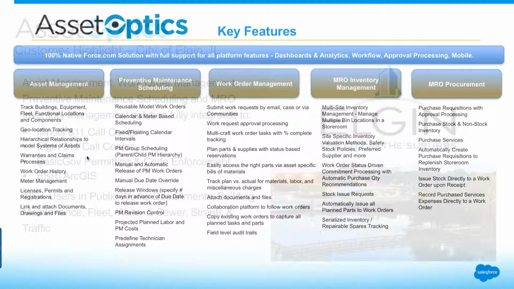It's easy to keep up with who made what particular changes in the application, who changed what data. Moving on from an MRO inventory management perspective, we provide multi-site inventory management. So you have the ability to set up an enterprise-wide catalog master. You can associate that catalog item with different storerooms and then specify your inventory replenishment policies for that stock item at that storeroom.